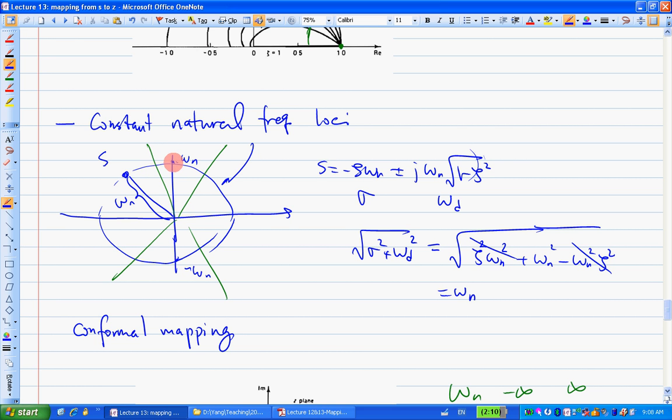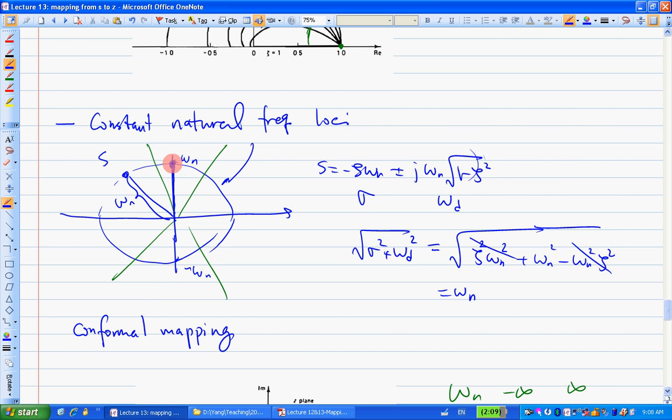Think about this circle. Let's look at this special point, right at this location. If you draw radial lines out of everywhere, that's constant damping ratio. If I draw a line right here, that's kind of special. Why? Because this is on the j omega axis.